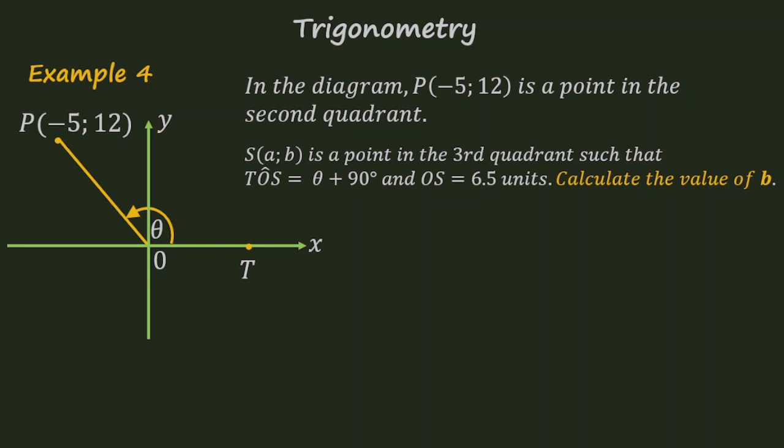We are further given a point S with coordinates a and b in the third quadrant, such that the angle TOS is given by theta plus 90 degrees, and the length of OS, the terminal arm from the origin to S, is 6.5 units. We are required to calculate the value of b, the y coordinate of S.